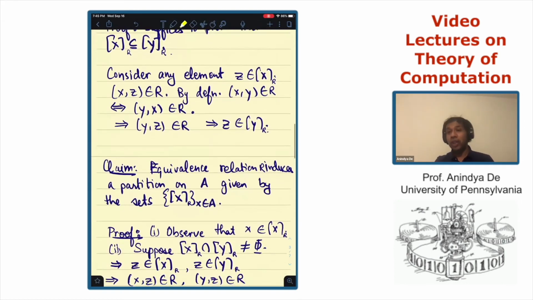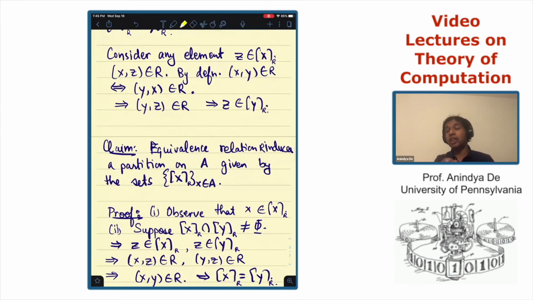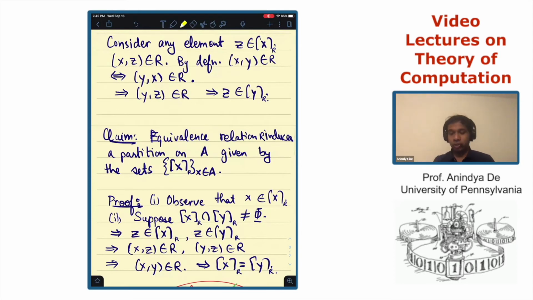And now we need to verify that this collection is disjoint. So suppose it's not disjoint. Consider two elements X and Y such that the equivalence class of X and the equivalence class of Y intersect somewhere.